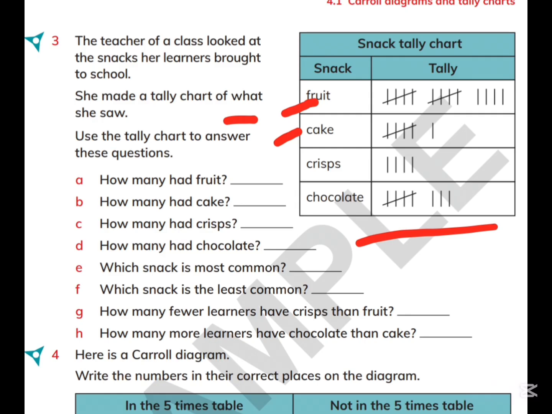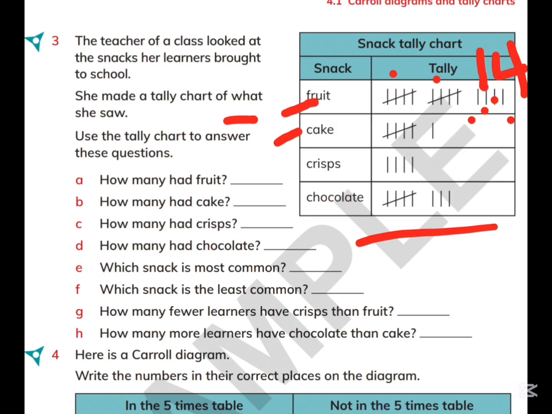Okay, how many people have eaten the fruit? How will we count? This is 5, we know. This is 5, 5, 10 and 1 2 3 4. So there are 14 people who have bought the fruit.